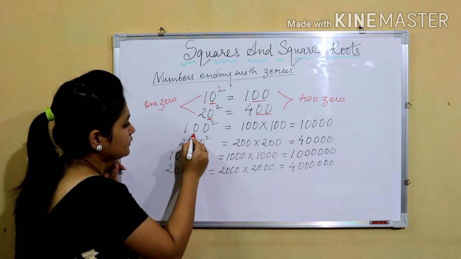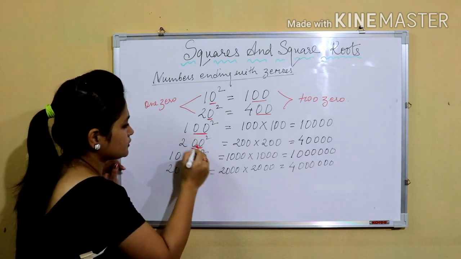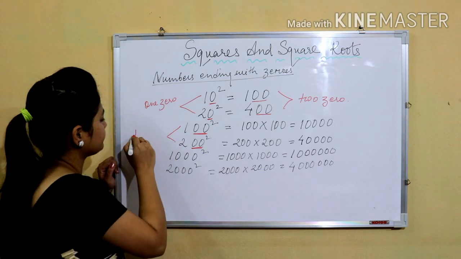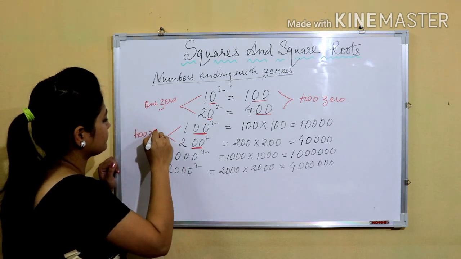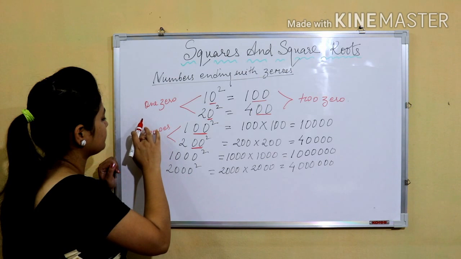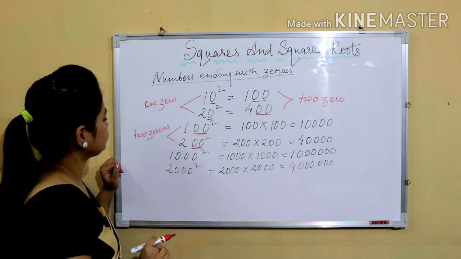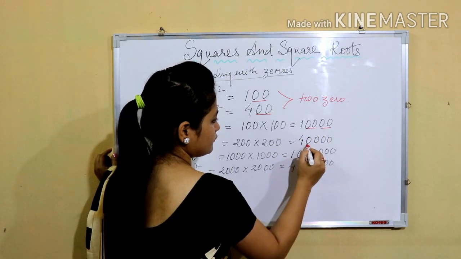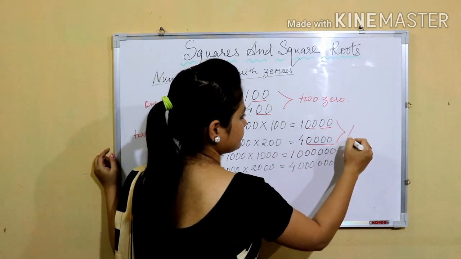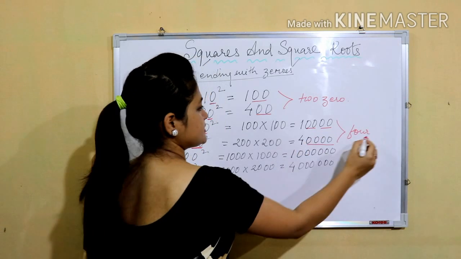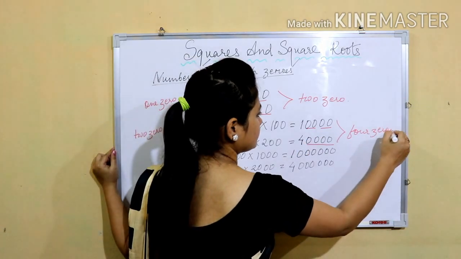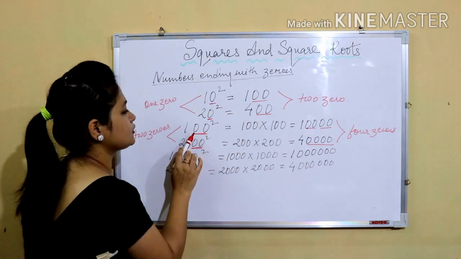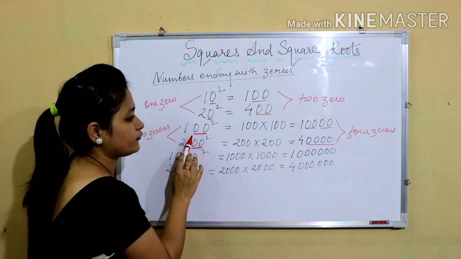Same way, in this case 2 zeros, and the square has 4 zeros, twice the number of zeros of the number itself.